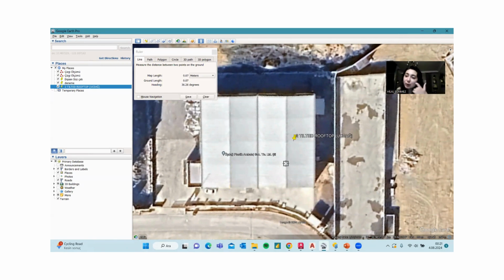What we can understand from that is that, according to Google Earth, the roof azimuth, or building azimuth, is roughly 306 degrees.